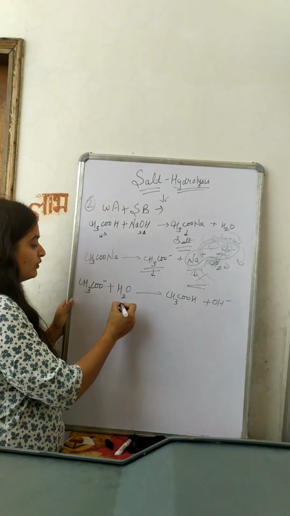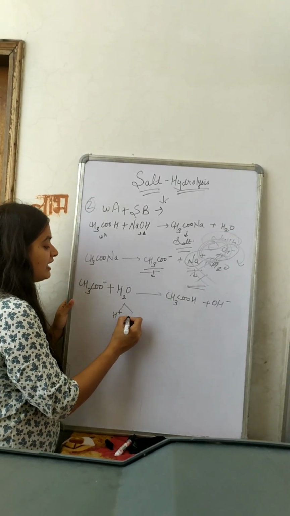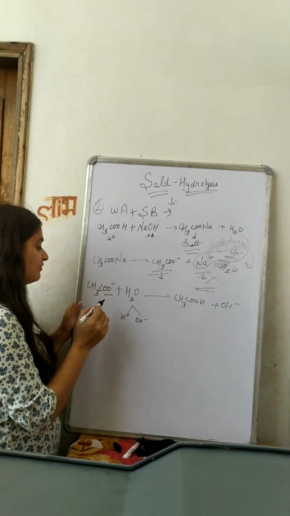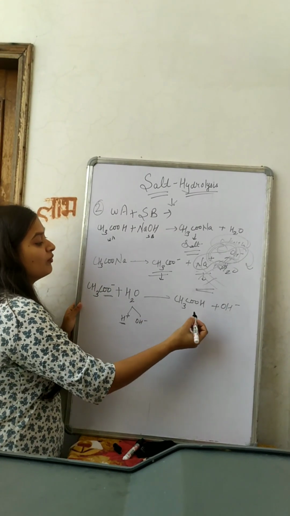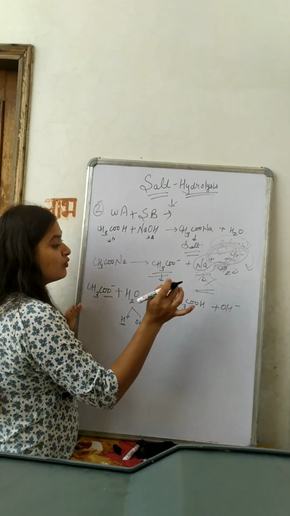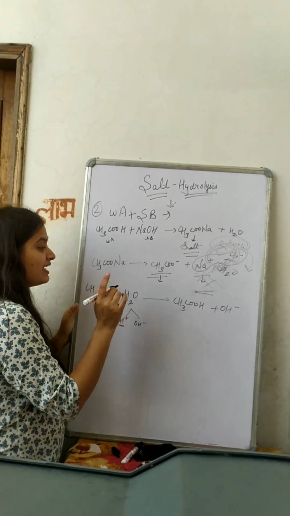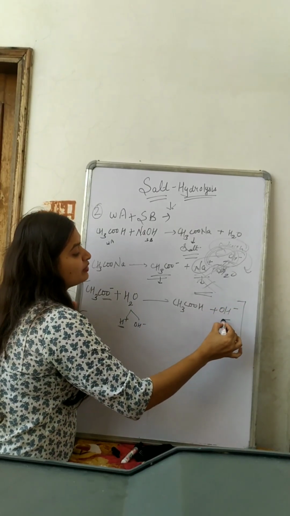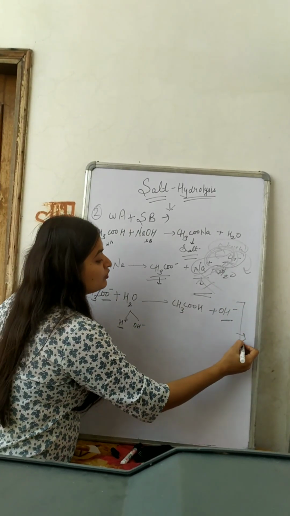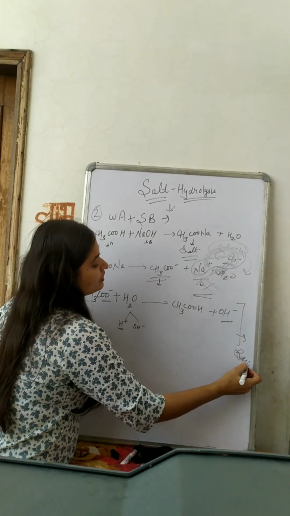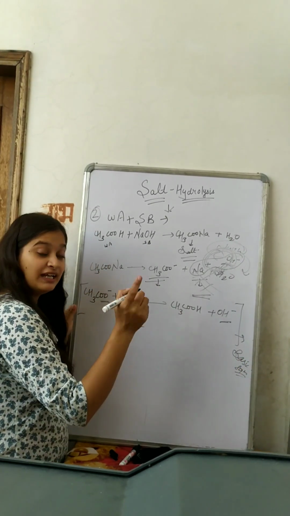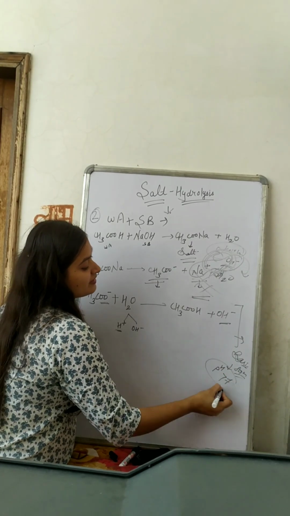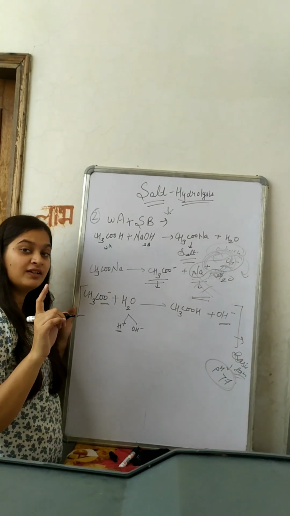As you know, H2O contains H positive and OH negative ions, and the CH3COO negative ion reacts with the H positive ion to form CH3COOH and release OH negative ions. So OH ion is produced in this reaction, which means our solution becomes basic, and for a basic solution the pH is greater than 7.